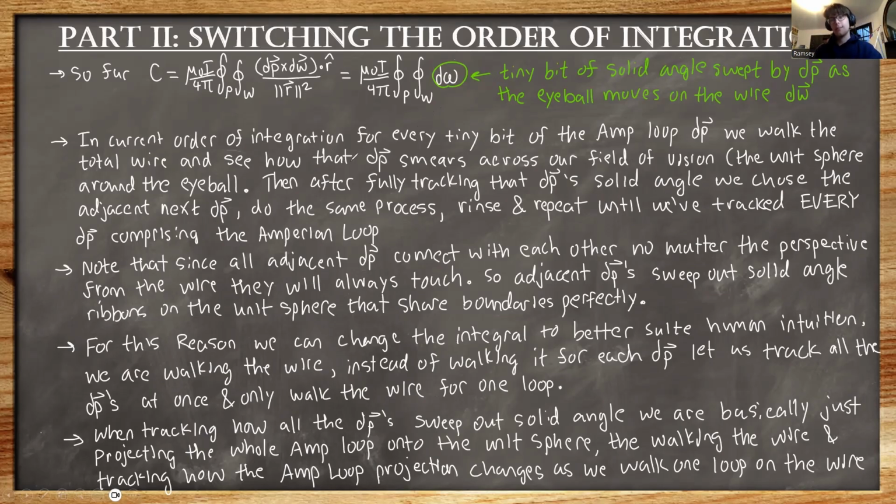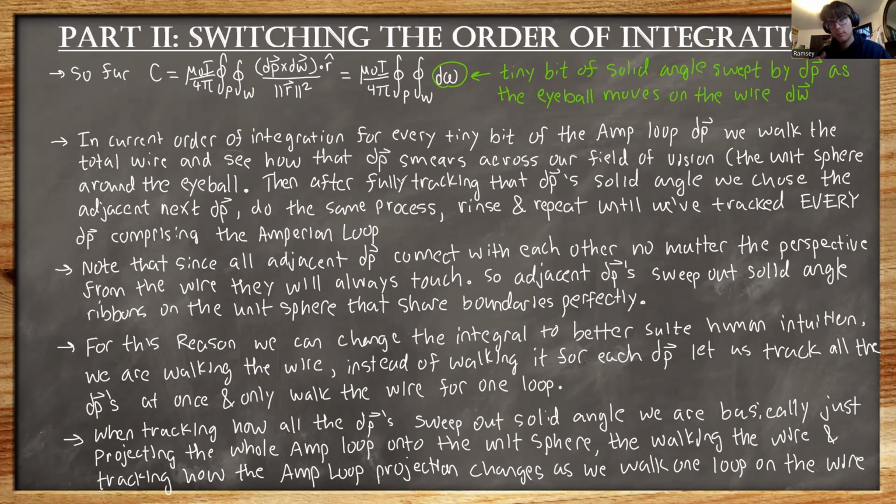In the current order of integration, you integrate the wire every time for every step you take on the path. So it's integrate the whole dang wire for every step you take on the path. In that current order, for every tiny bit of the amp loop dP, we walk the total wire. So we're walking the whole wire for a single dP to see how that dP smears across our field of vision.